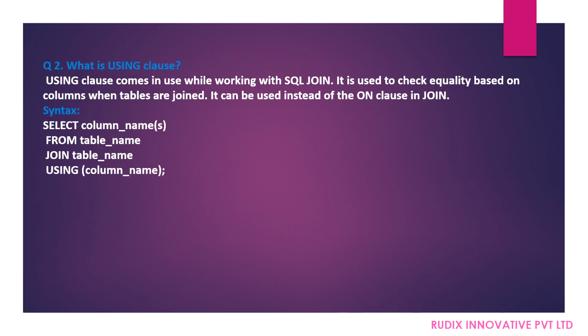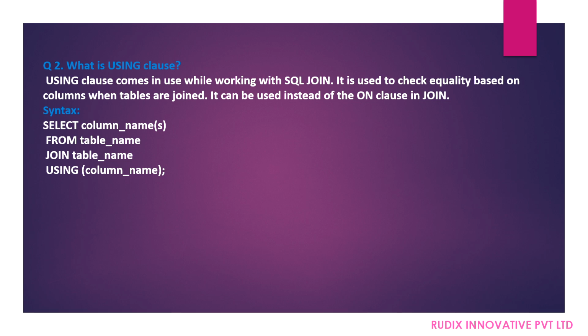What is the USING clause? Let us know what is meant by the USING clause. It is typically used in conjunction with the JOIN operation to specify the columns on which the join should be performed. It provides an alternative syntax to the more common ON clause for specifying the join conditions. So what does it mean?